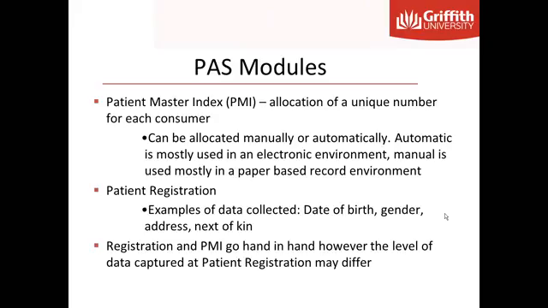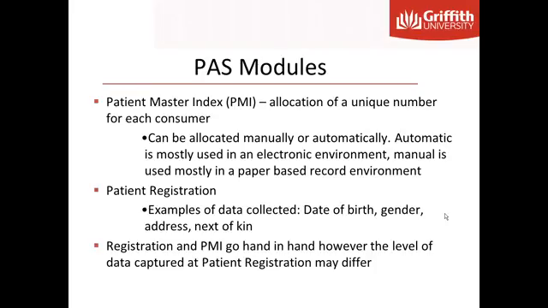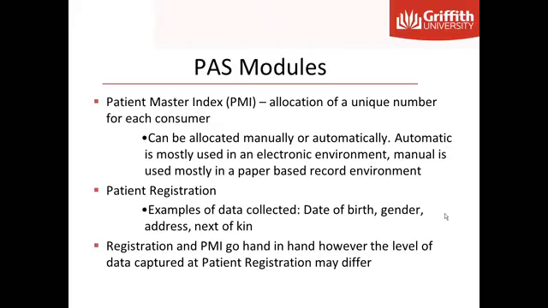The allocation can be both manual or it can be done by the computer. At registration, this sort of information is collected: the name, date of birth, gender, address, next of kin, and so forth. So the registration and the PMI go hand in hand. However, the level of data captured at the patient registration may differ.